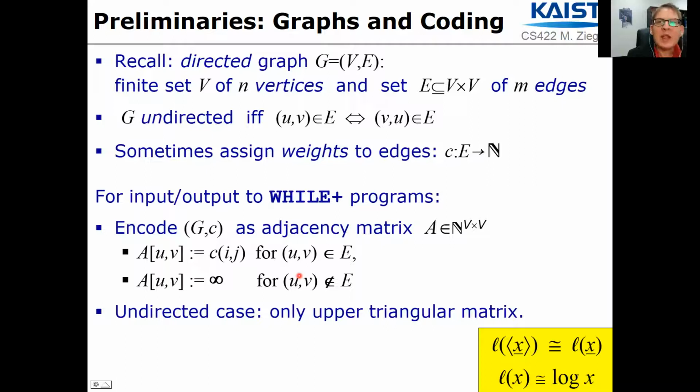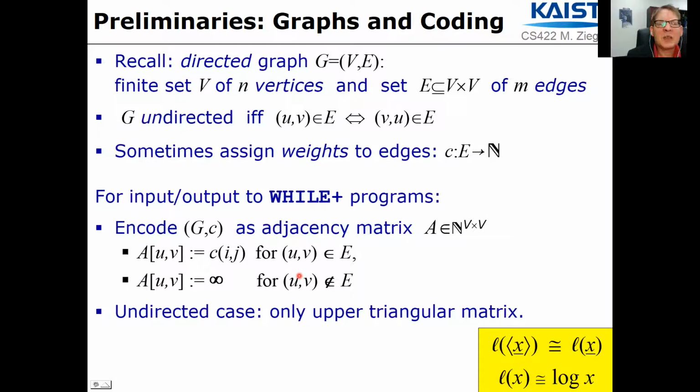And when the underlying directed graph happens to be undirected, remember, undirected means here that to every edge, there's also an edge in the opposite direction. This means that the adjacency matrix of that graph is encoded as a symmetric matrix.